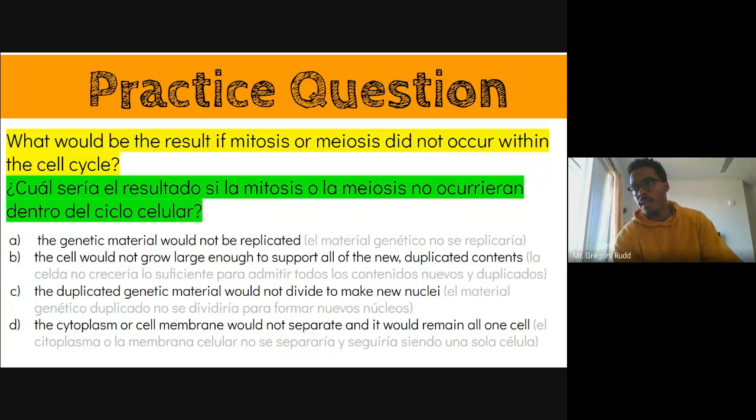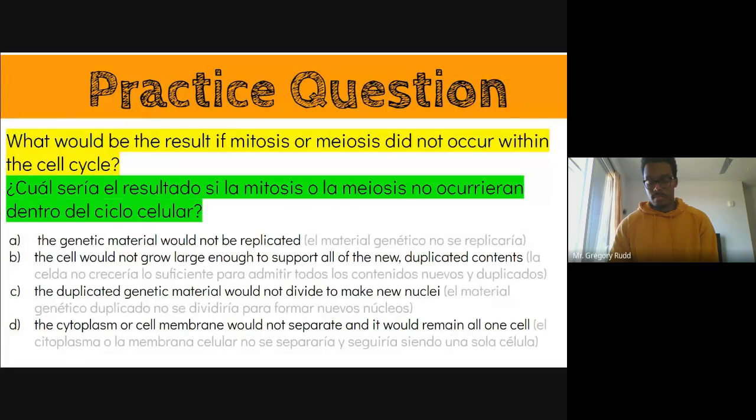Okay, what about answer choice B? The cell would not grow large enough to support all of the new duplicated contents. Which part of the cell cycle does that sound like? The cell not growing large enough. Is it interphase? Yeah, specifically which part of interphase, Lisa?